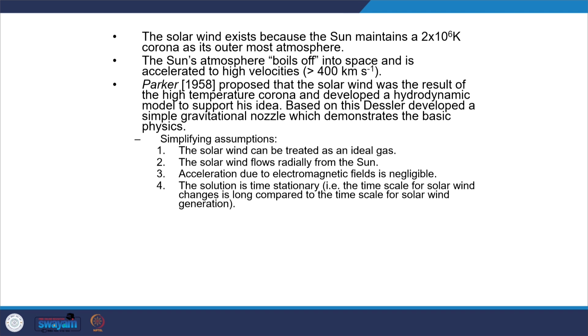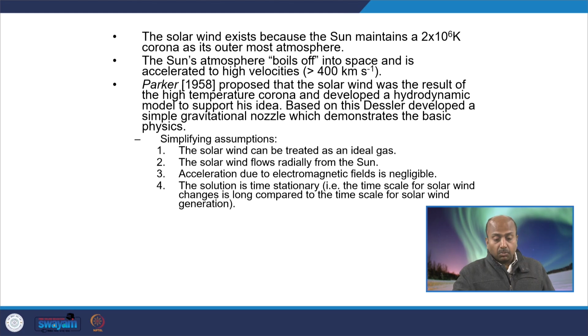The point is that solar wind acceleration is a particularly difficult process to explain, considering that if only the photosphere were responsible for the heating and energization of the solar wind. So the sun's atmosphere boils off into space and is accelerated to very large velocities.